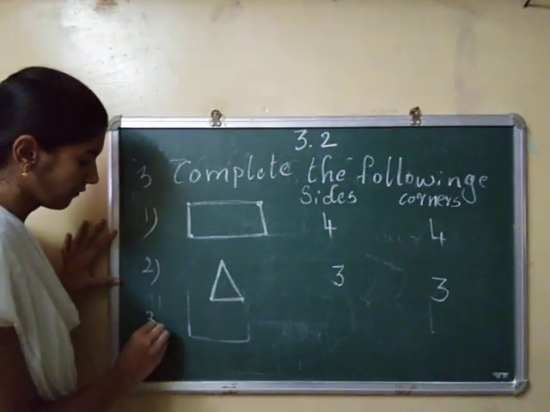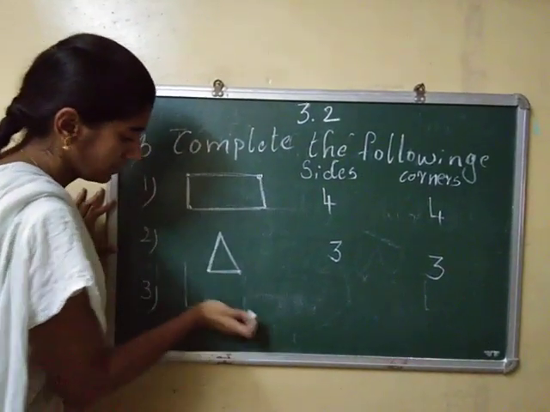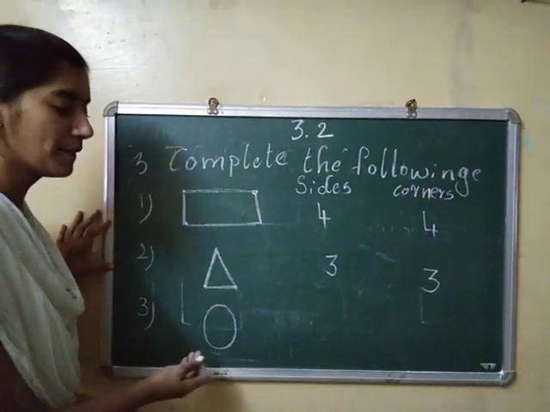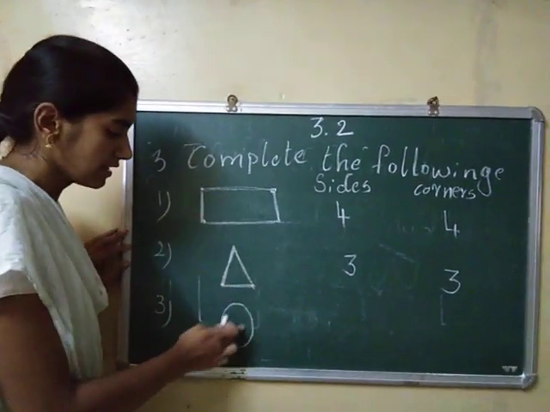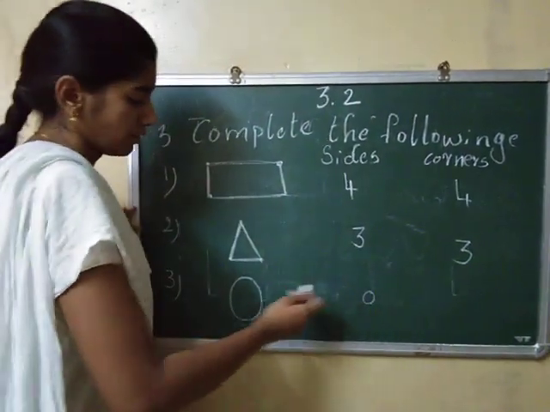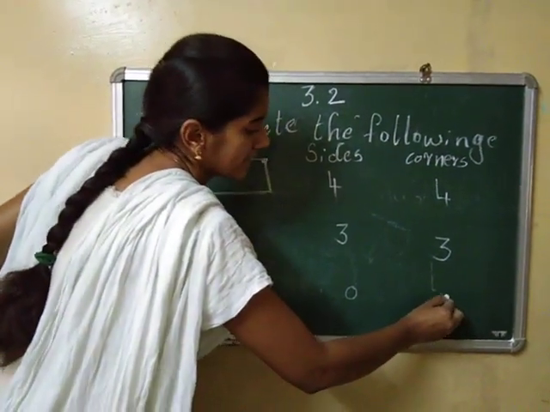Next, if we are moving for circle. Yes, this is a circle. If you see this circle, how many sides are there? No, we don't have any sides. Why? Because a straight line is not there. So here we have to write 0. And also, how many corners? The meeting point is not there. So here we have to write 0.